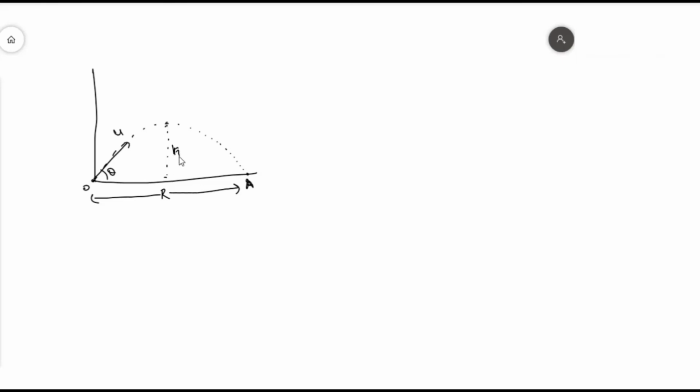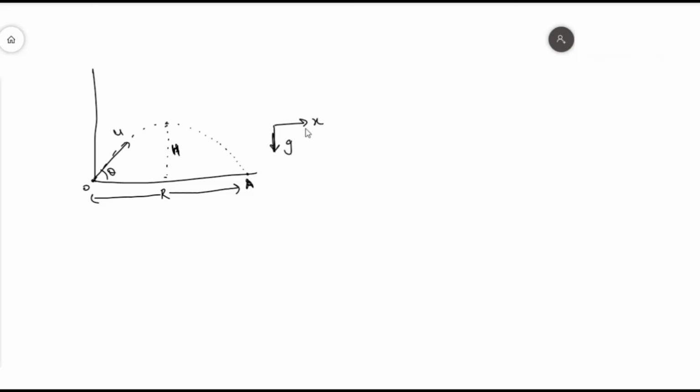The derivations for the range and height are very easy, so I'm not going to derive them. I'm just going to talk about the main points that I'm going to use in future videos. Just keep in mind there is no acceleration in the x direction. The only acceleration is the vertical acceleration, that is g.